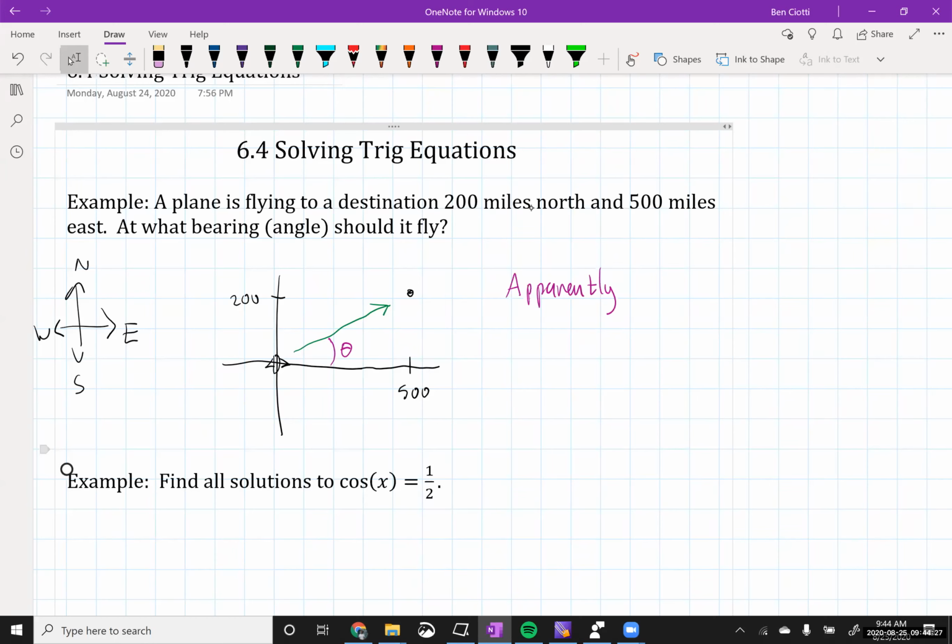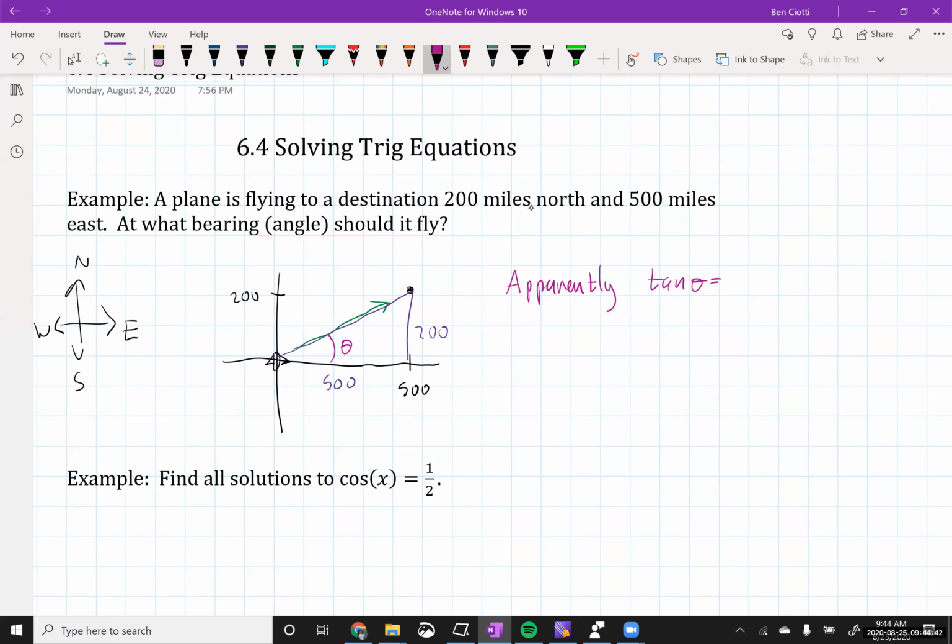Apparently, if I draw this triangle, we've got sides of 200 and 500. So we can immediately read off that the tangent of theta is 2/5. So theta must be the tan inverse of 2/5. And there, we figured out our bearing.